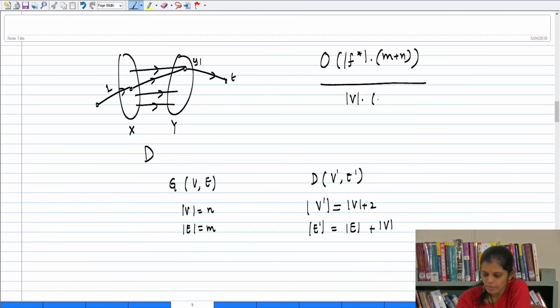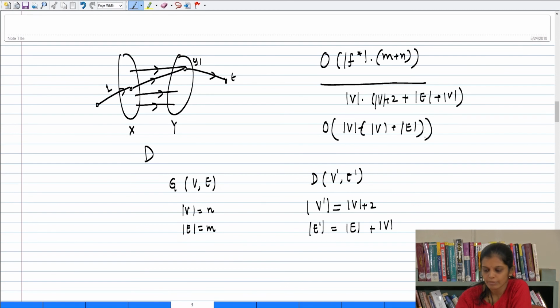So V times (cardinality of V plus 2 plus cardinality of E plus V), the overall term happens to be V times (V plus E). We will hide all this in the order notation, right?